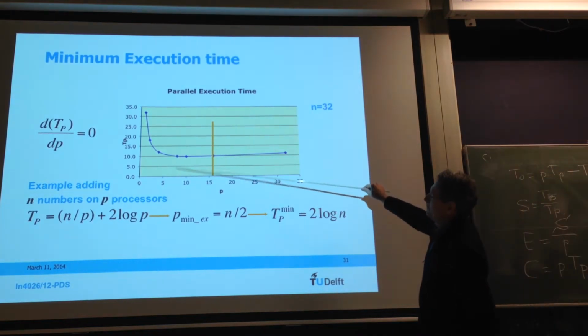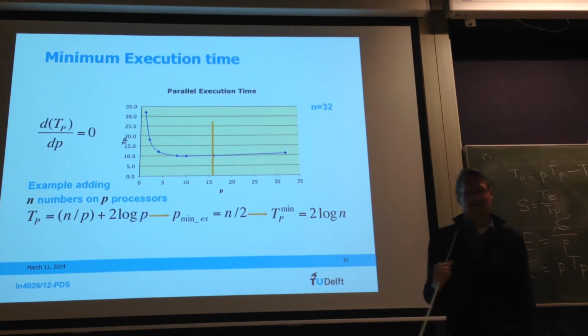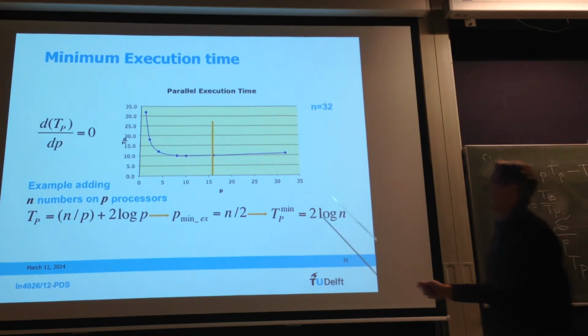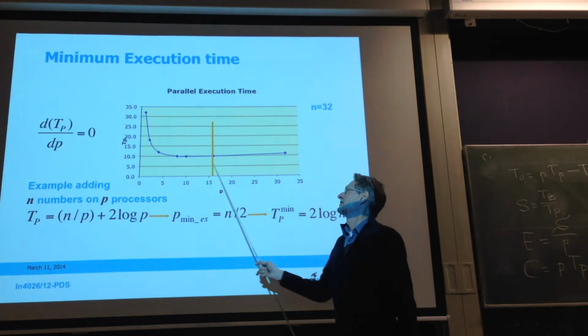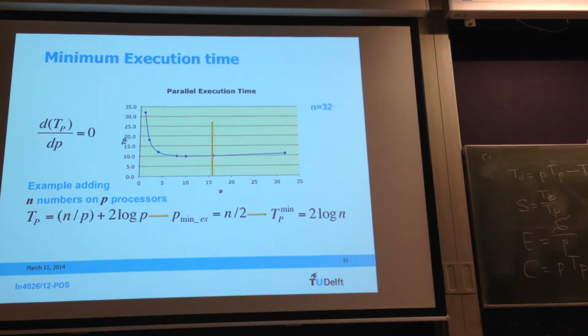If I would choose, say, halfway the number of processors, I hardly lose anything. So all the processors I've added here are basically a bit wasted. So the minimum execution time is no guarantee for any efficiency.